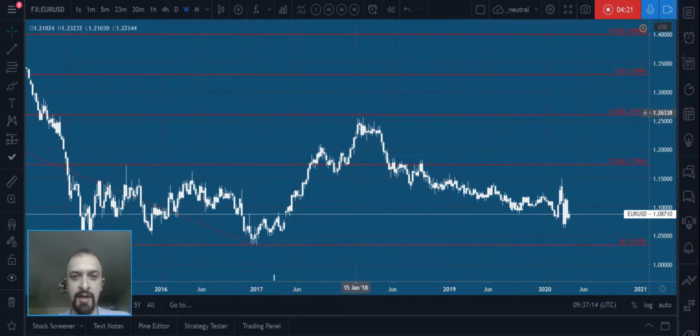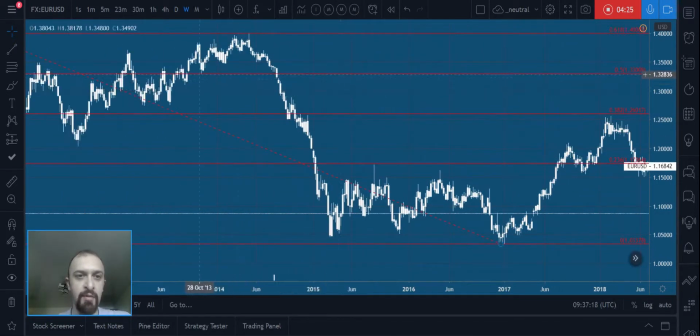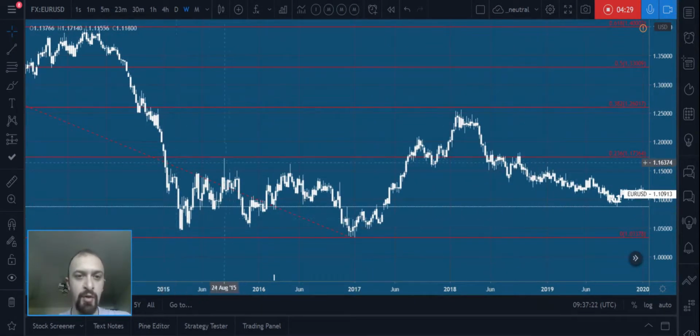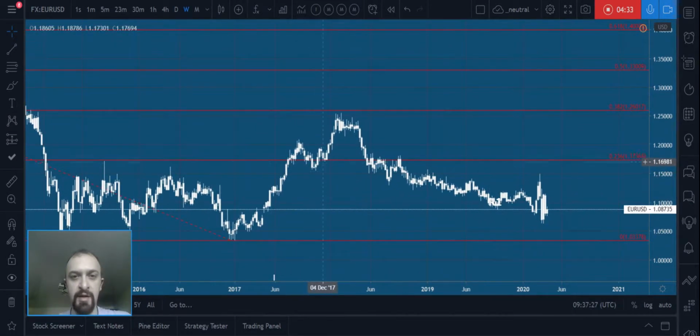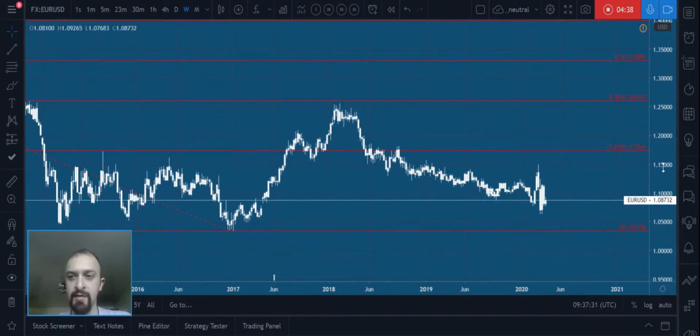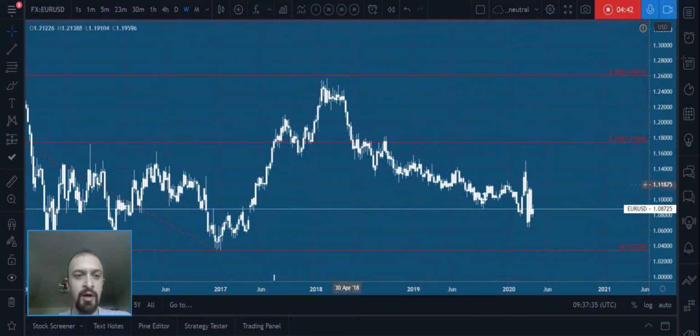Okay, and you can see how important are those levels, and in the long term prices can stop here. The first, second, we have targets here, etc. So it's very useful.